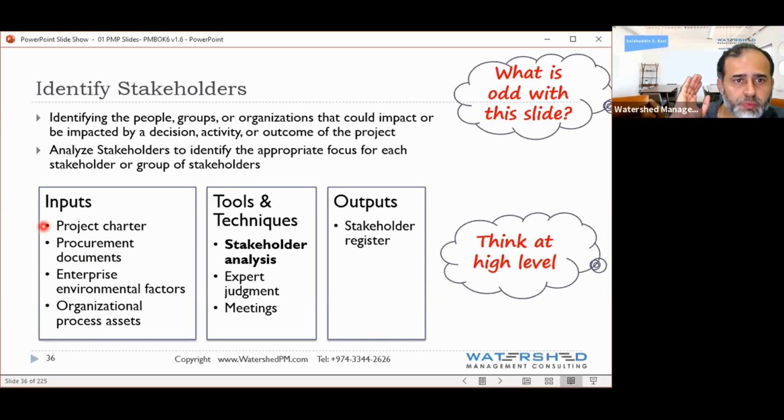You've been doing so many projects in the past. It means that by looking at the charter, through your expertise, you can say, these are all the stakeholders I'll engage with. So the charter is the primary input. Why? Because you're always applying your experience. In any given company, the company is doing projects which they're familiar with.